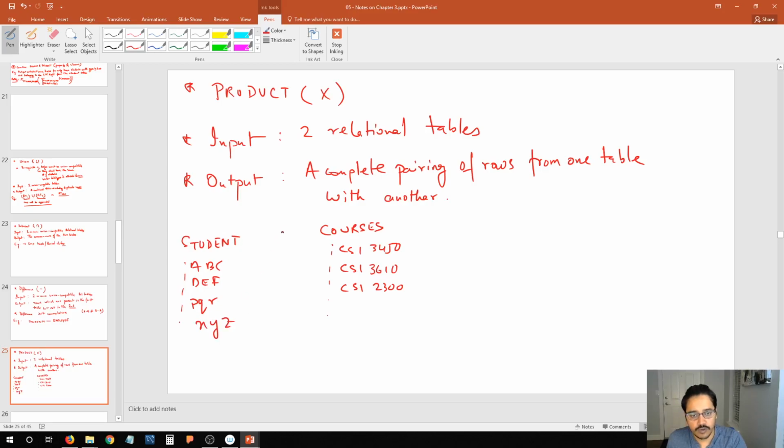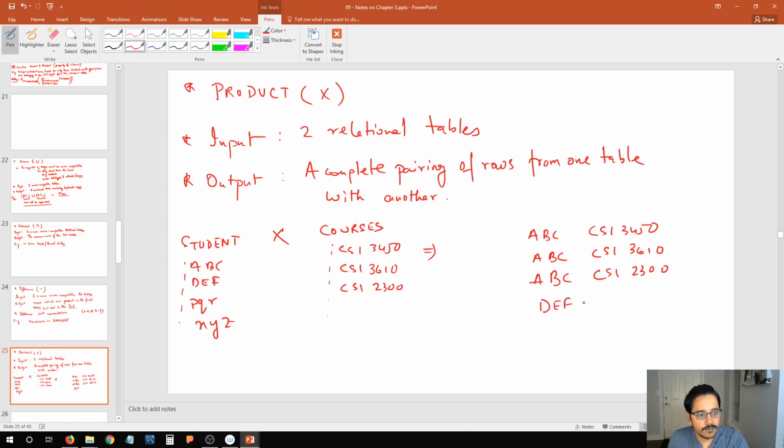So if you do student cross-product courses, then the output is basically going to be ABC CSI 3450, ABC CSI 3610, ABC CSI 2300, then DEF CSI 3450, and so on, right?